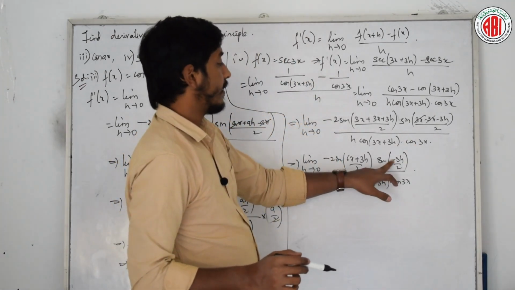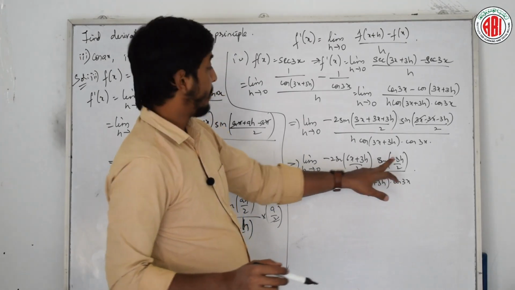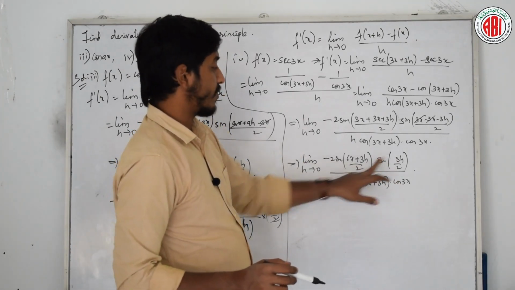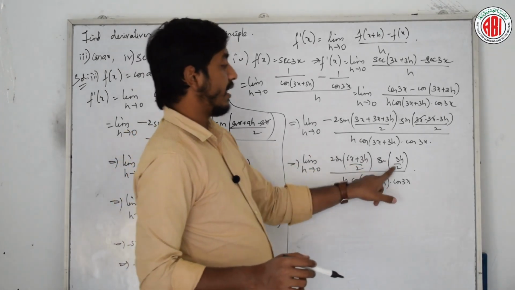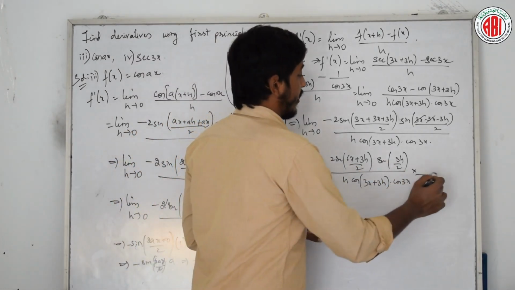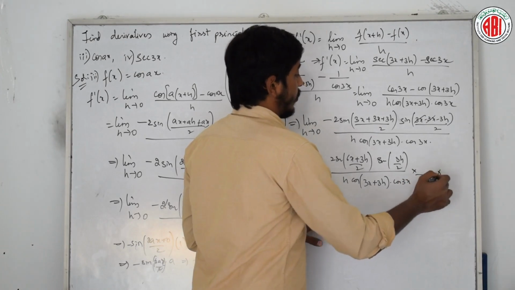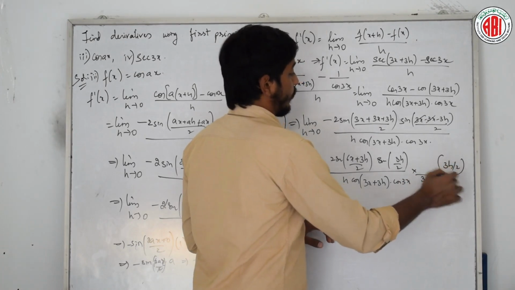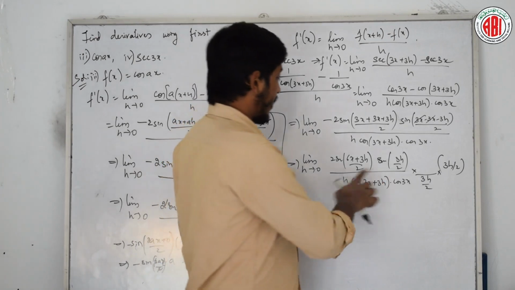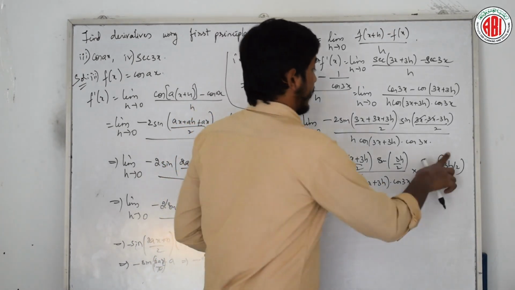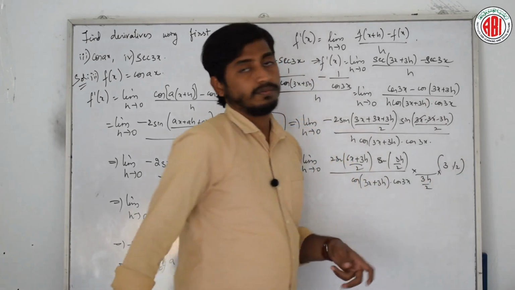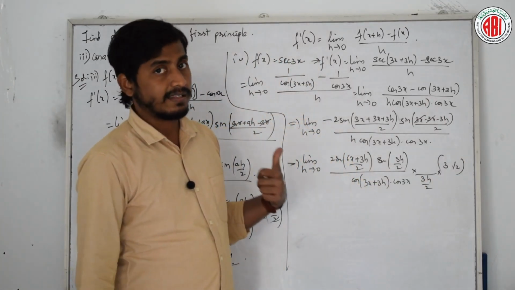See here, 3h by 2 is there. And let us put this minus outside, because sine of minus theta is minus sine theta. What do I need now? I have to multiply and divide with 3h by 2. However, there is one h here. Is it clear? Let us multiply only with 3 by 2, 3 by 2. Clear? Do you understand this step?